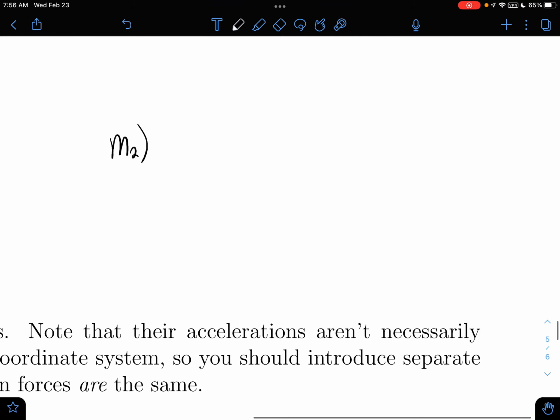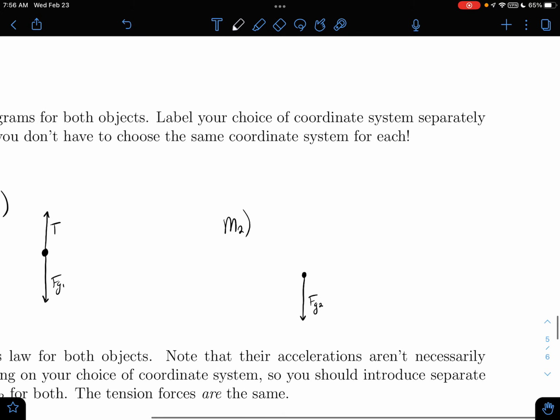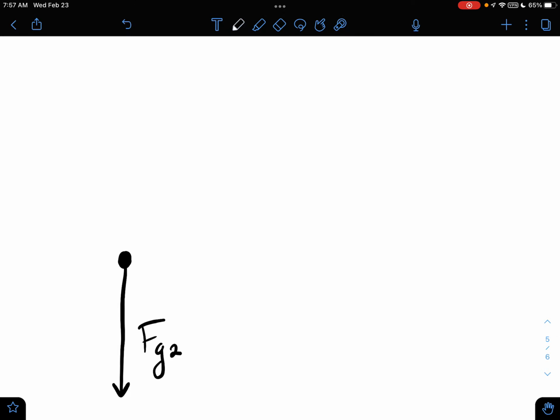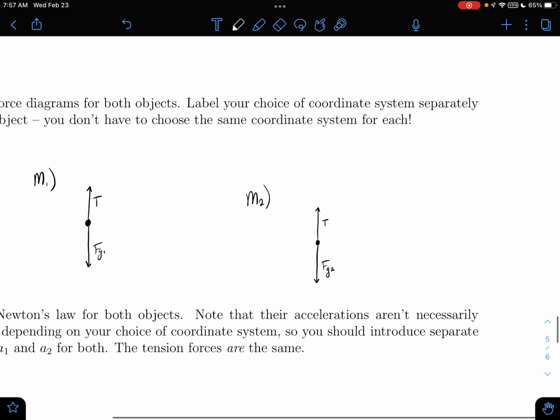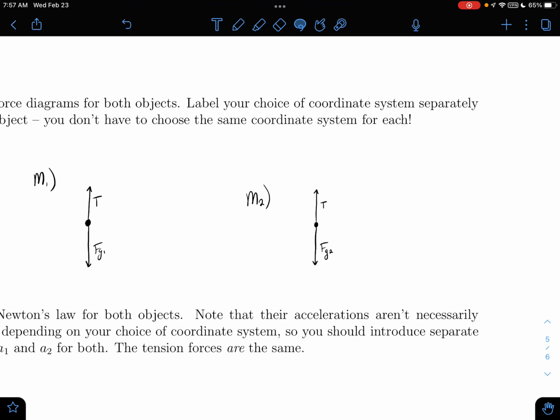So now we're going to have our FG2, and our tension in the rope. It's a gross looking arrow. Same thing: the only things acting on it are gravity and the rope that's holding it up.